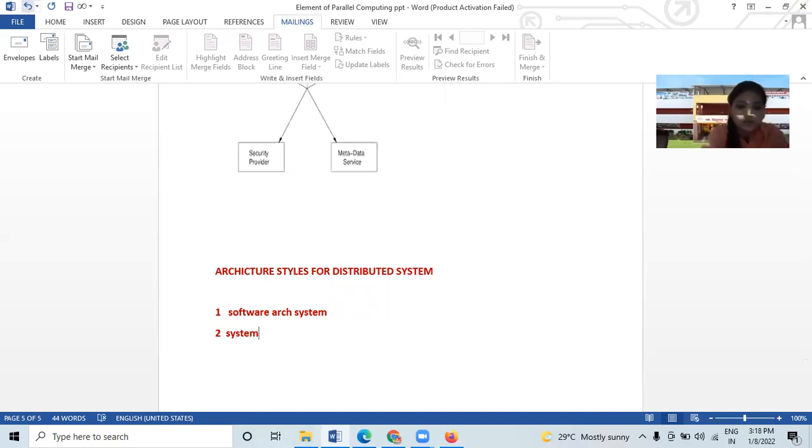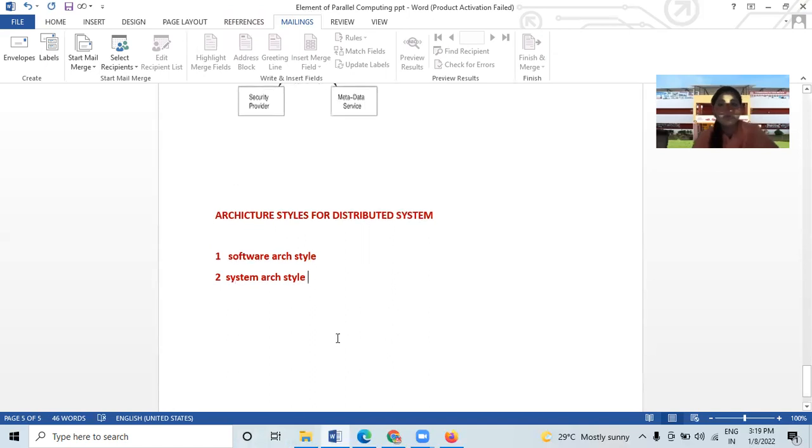This is a system architecture style, and this is the software architecture style. So these are both types of architecture.